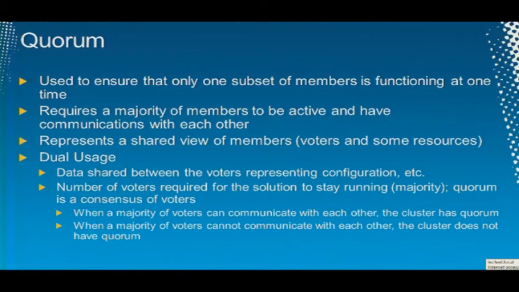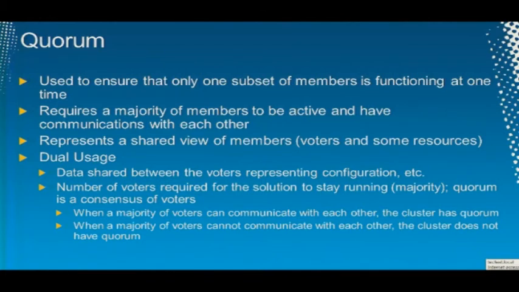We're really just talking about the list of DAG members, the nodes in that cluster, and some minor resources: a network name resource, an IP address resource, and maybe a witness resource that we'll talk about in a bit. But we also use the term quorum to represent the physical data, the actual cluster database itself that's stored on all of these cluster members. Okay, so it can confuse some people.